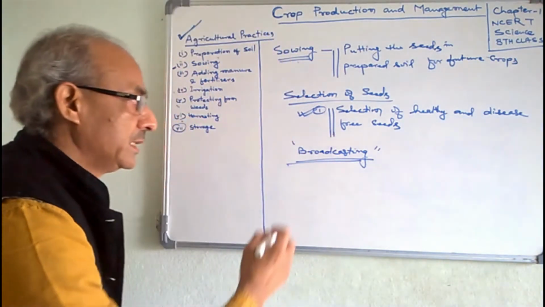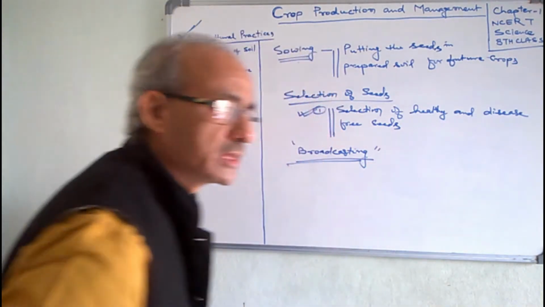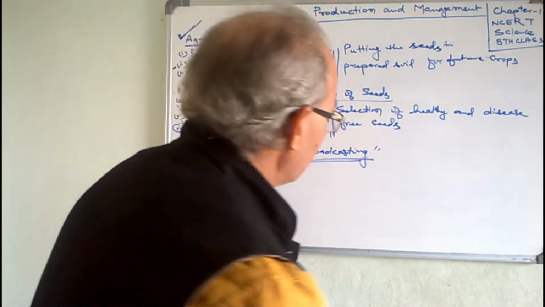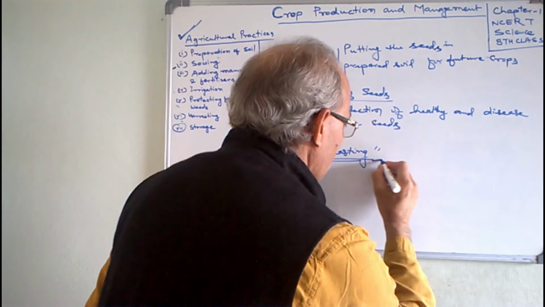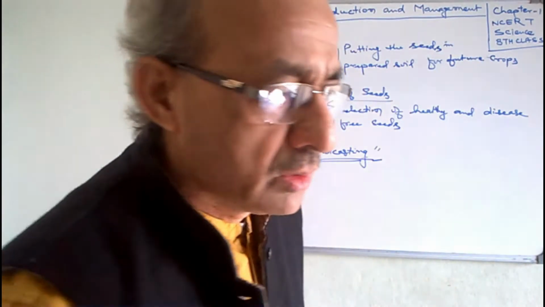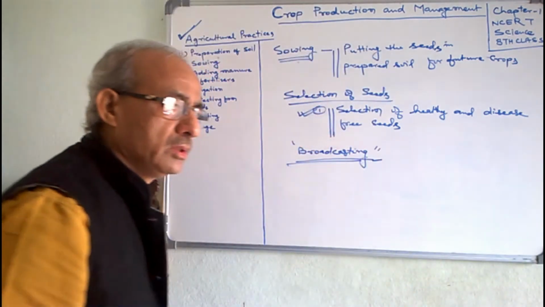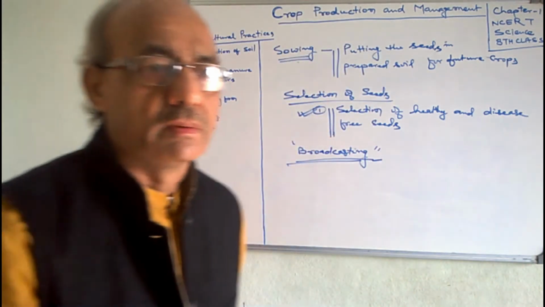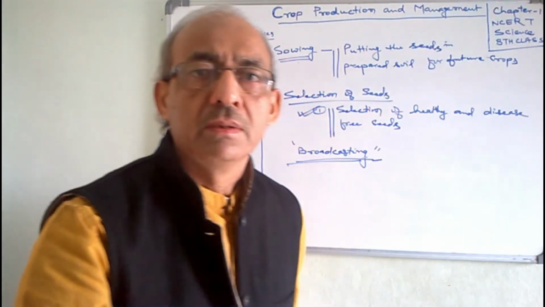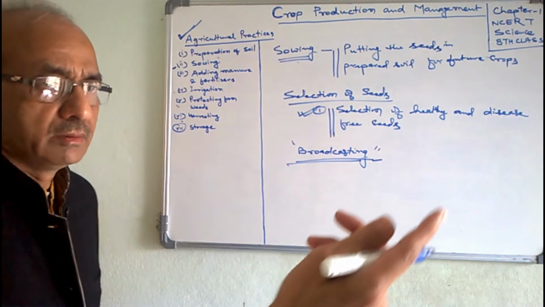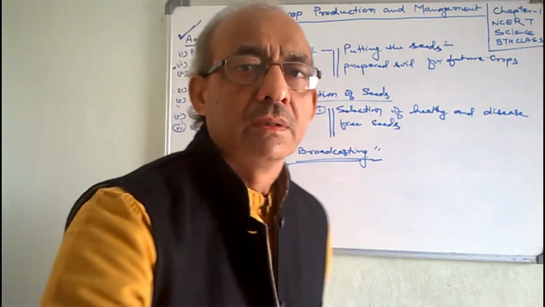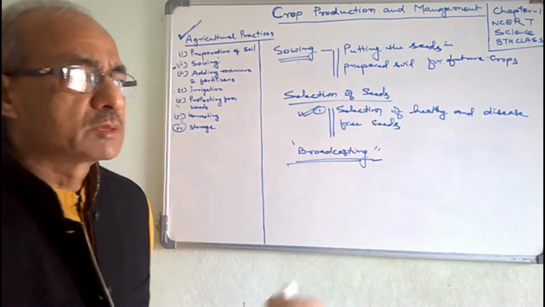The first disadvantage of the broadcasting method for scattering the seeds in the field is that it depends on human calculation. Farmers are scattering the seeds by hand, so there must be certain mistakes in scattering or dispersing the seeds.